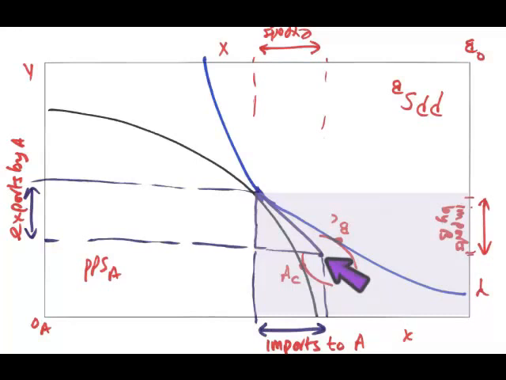I don't have a label for it, and that would say that one country would produce at this point, consume at this point, so it'll be exporting that particular good, and the second country would be importing quantities that the first country made available. This is called the trade triangle, and it measures the balance between exports and imports.